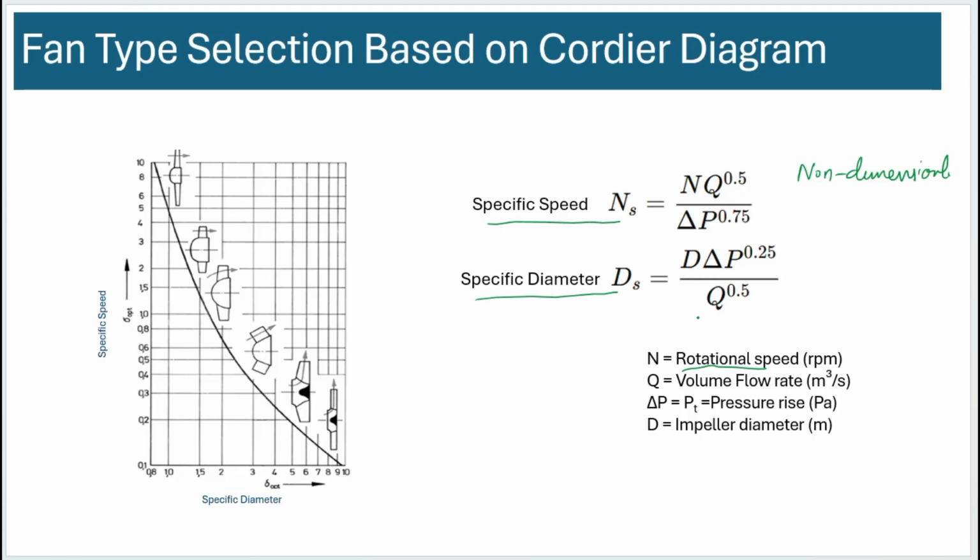So if you want a fan rotating at a certain speed, providing a certain flow rate in meter cube per second and a certain pressure rise or fan total pressure, and you also know the space requirements, you want a certain diameter option for that fan. If you know these numbers, you can calculate the specific speed and specific diameter. Once you have those two numbers, put them on this chart called the Cordier diagram.